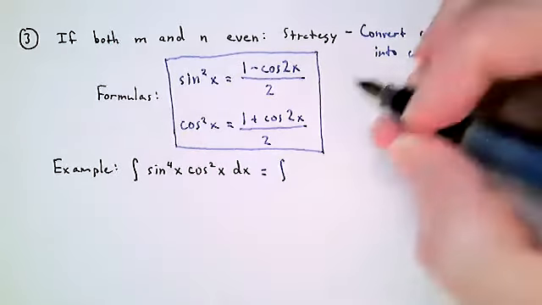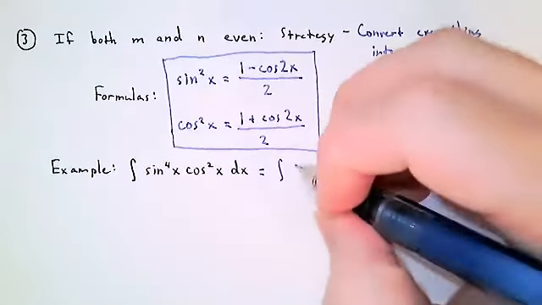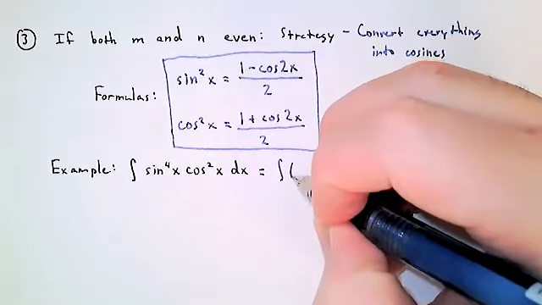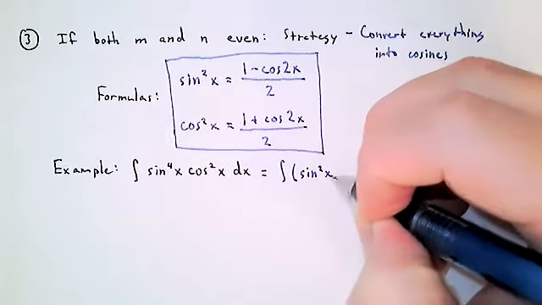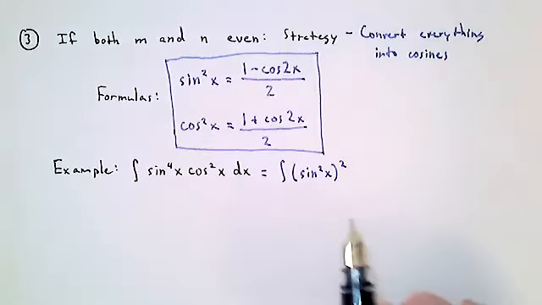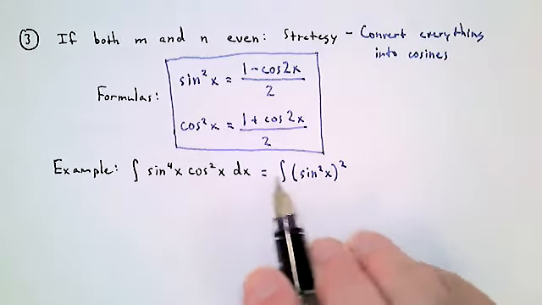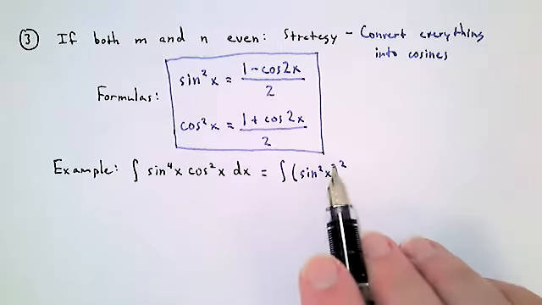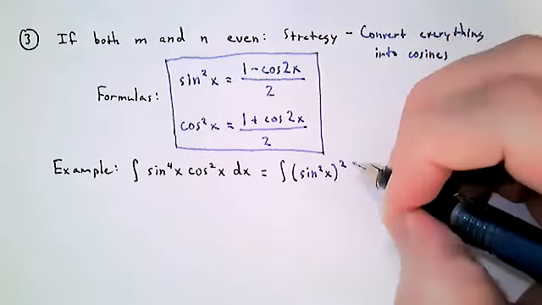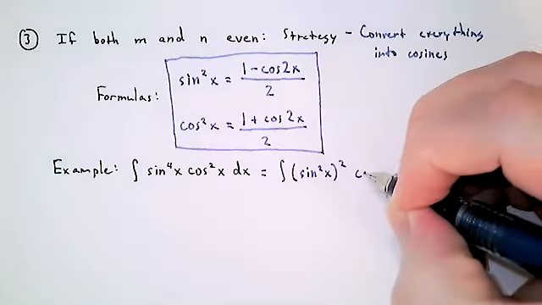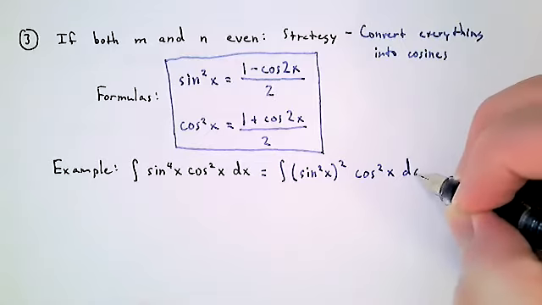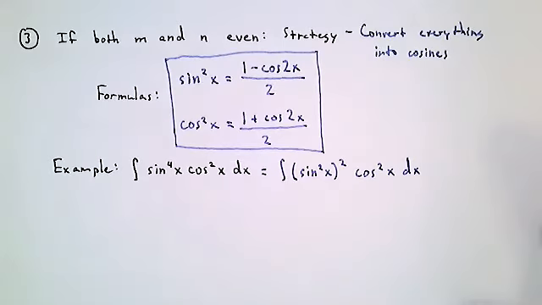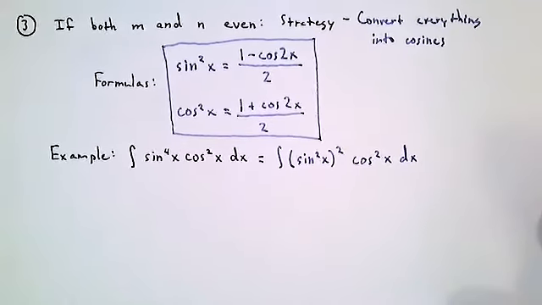So we need to rewrite this even power of sine as a power of sine squared. So sine squared times sine squared is sine to the fourth. Multiply the two powers. So this is what we're working with.